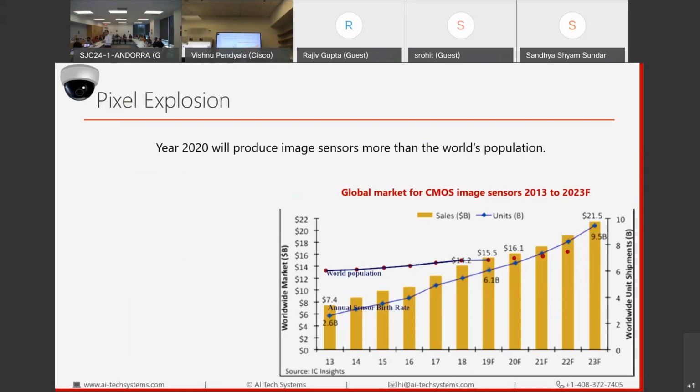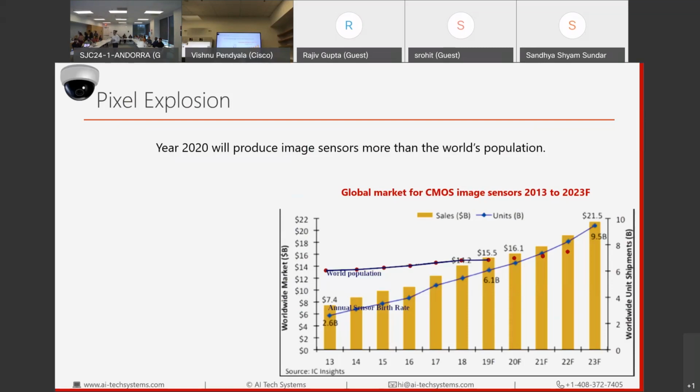In 2013, there were about 2.6 billion image sensors produced every year. And today, our population this year is 7.7 billion, right? Why that comparison is interesting is that it compares how many sensors per person are being consumed. And so that line in 2019 is about to surpass the population. Next year, we will produce more sensors than the world population.